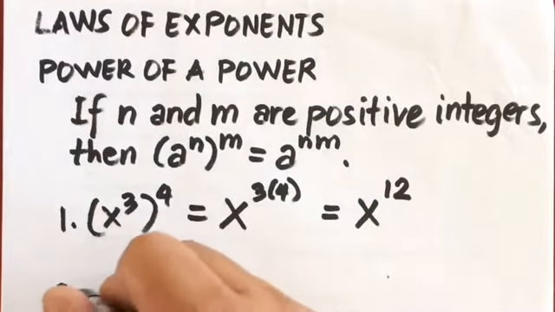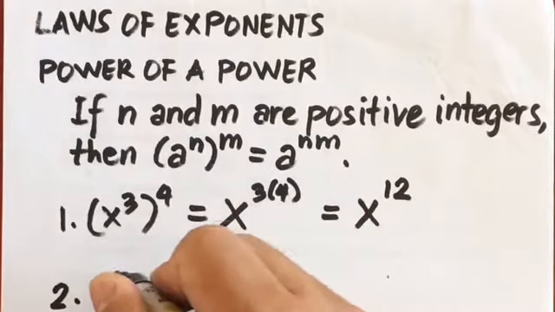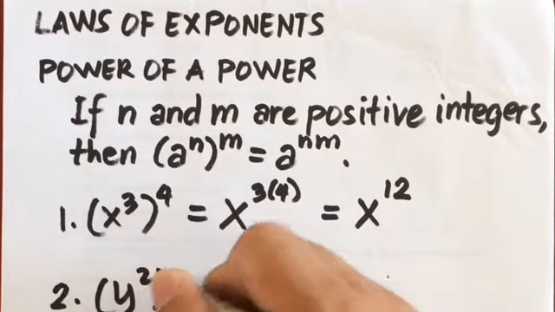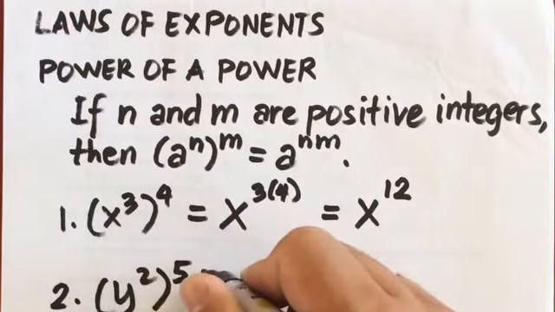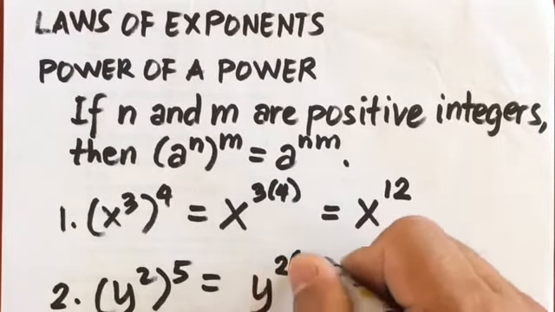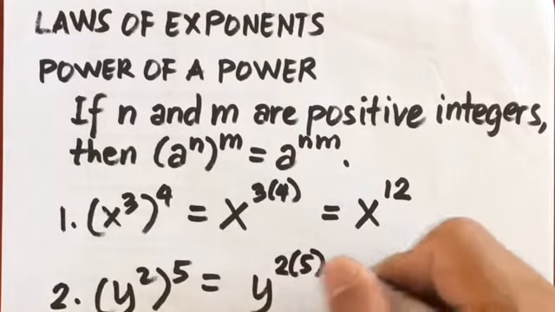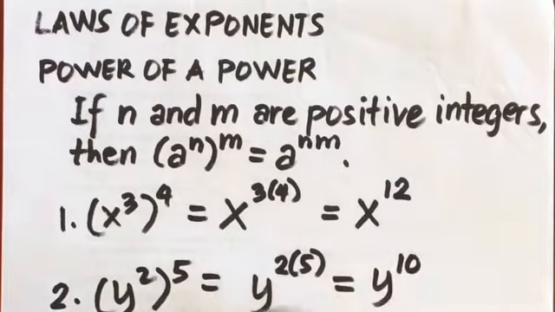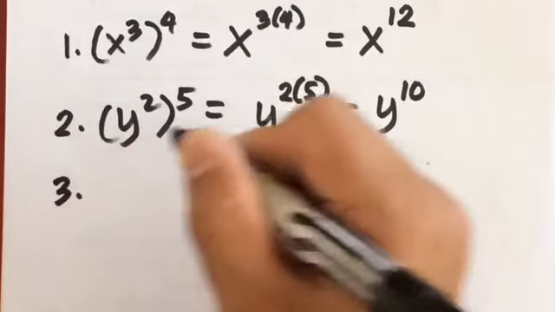Example number 2. If we're going to have y squared raised to the power of 5, that will be y raised to the power of 2 times 5. 2 times 5 is 10, so our answer will be y to the power of 10. Example number 3.